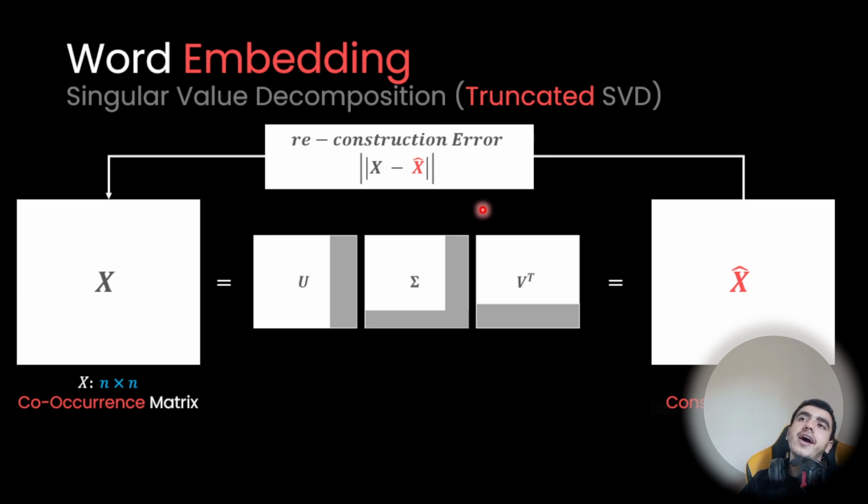This is what the GloVe model, which we'll be discussing in the next slides, is based upon. It is based upon this reconstruction error. It keeps iterating until it finds the best vectors having this low reconstruction error. It is also based upon the conditional probability of the existence of a token with different tokens. I'll be discussing it in the next slide.